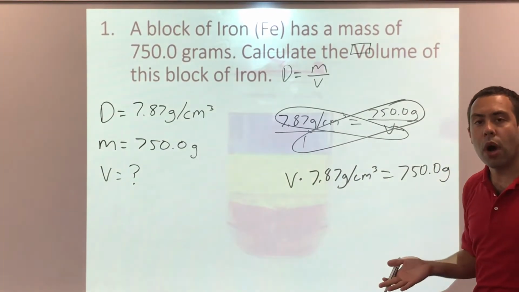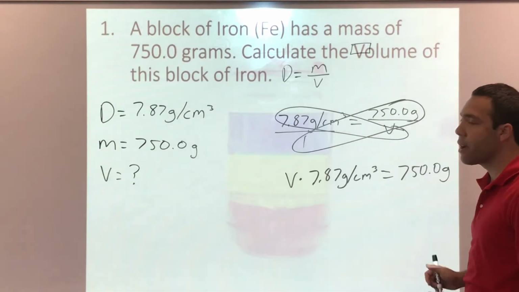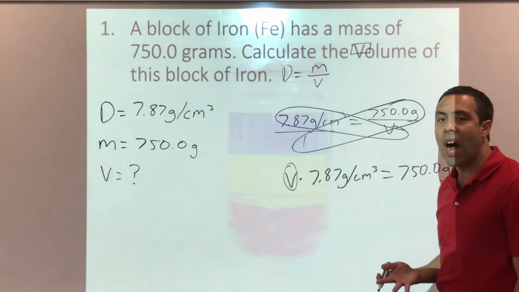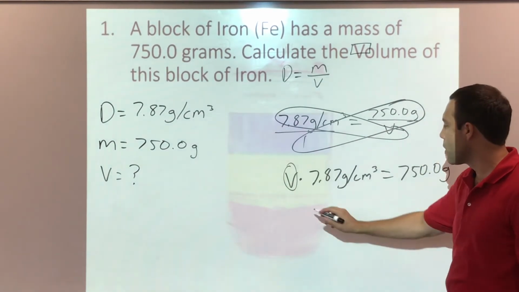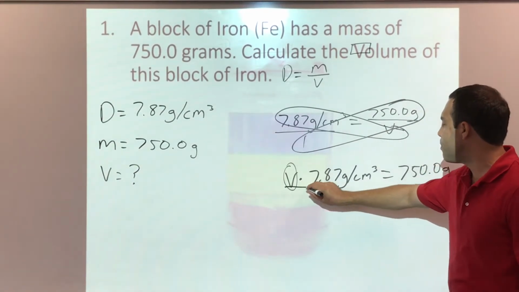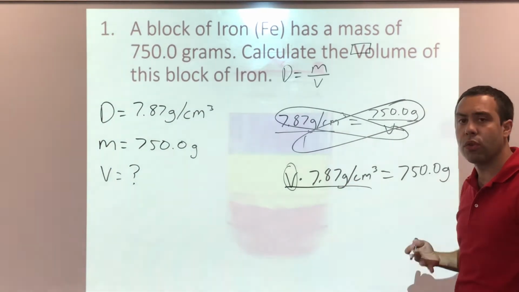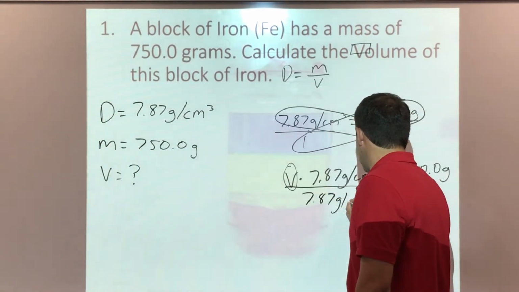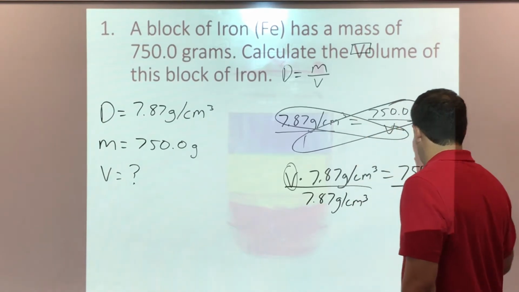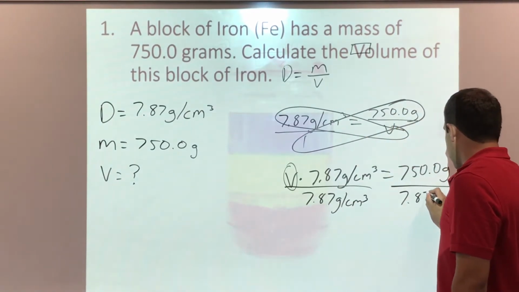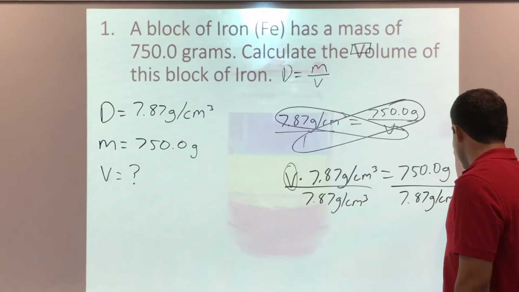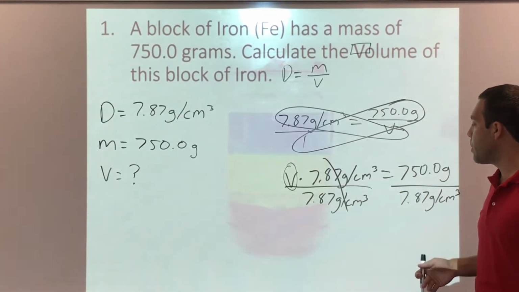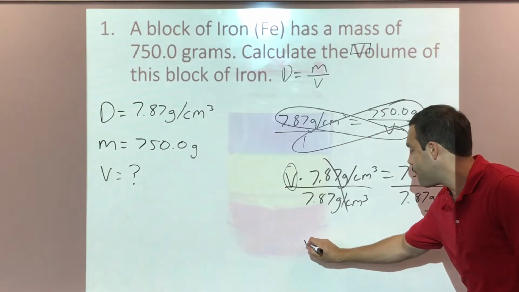Anything times 1 is just going to be the same number, so we can just get rid of the times 1. Then our last step is we're trying to find volume by itself. So we must divide both sides by the 7.87 grams per cubic centimeter. When we do that, the 7.87 grams per cubic centimeter cancels out, so we're left with V on the left side.